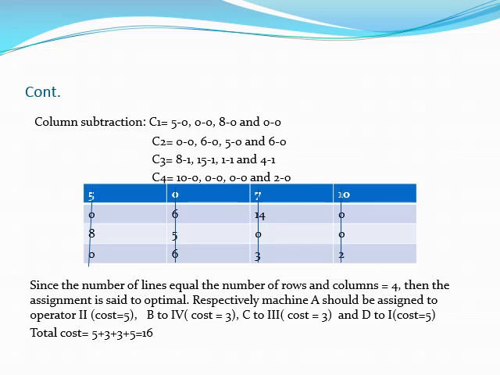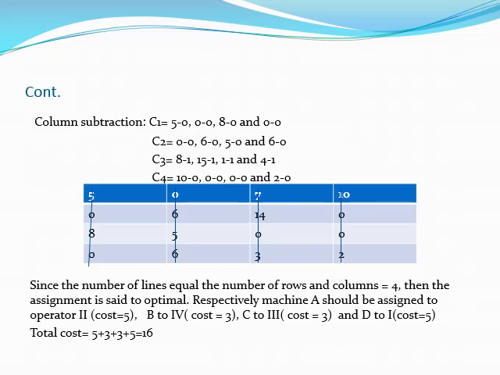Respectively, machine A should be assigned to operator 2, cost equal 5. Machine B to operator 4, cost equal 3. C to 3, cost equal 3, and D to 1, cost equal 5.